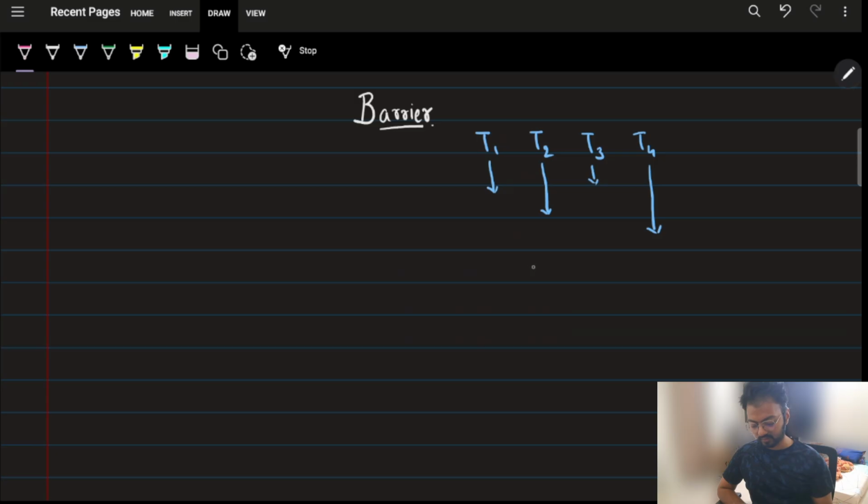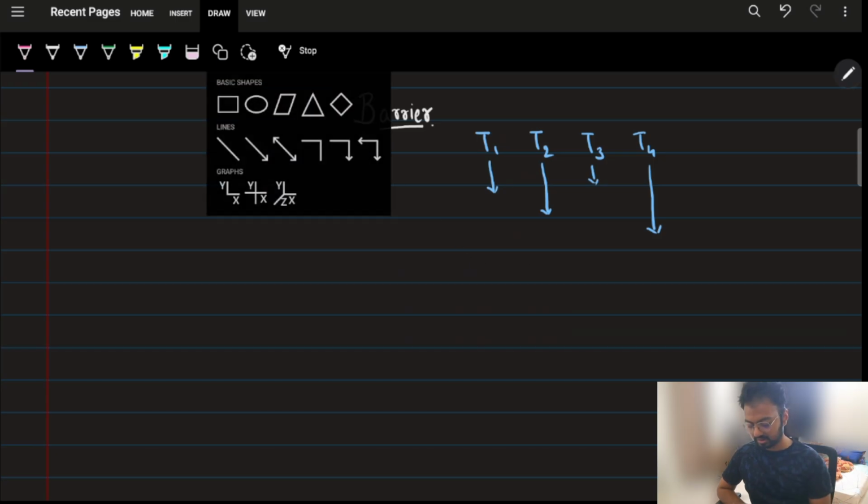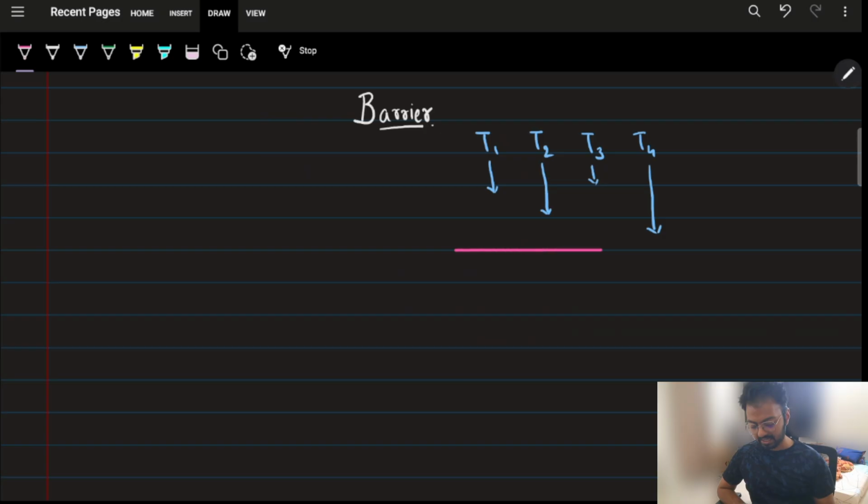With the help of this barrier, until all the thread results are collected, whether they ended earlier or later, the execution will not go further.